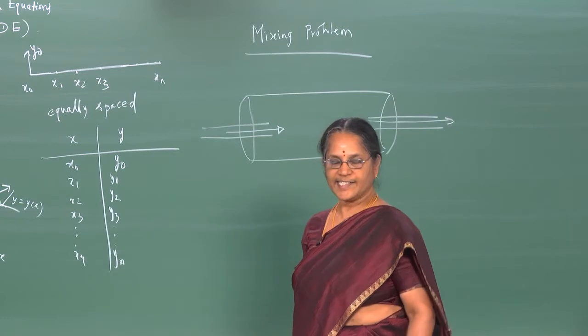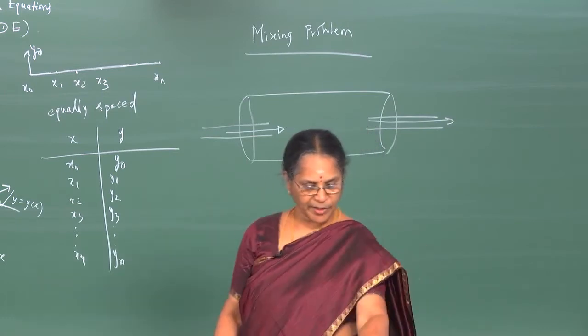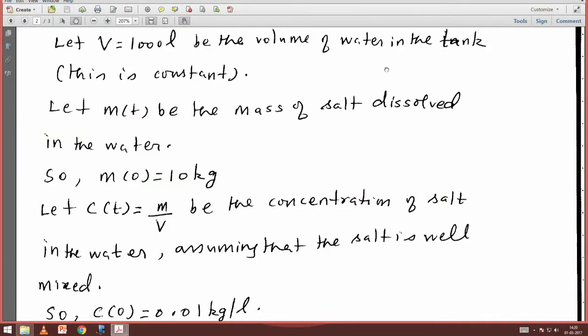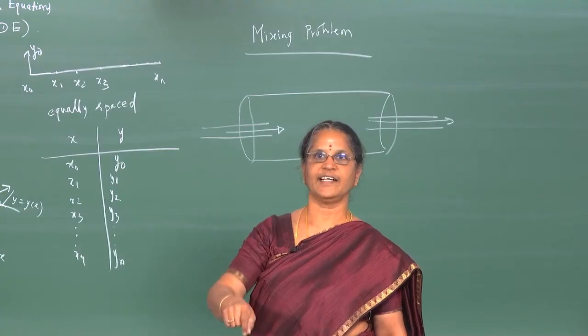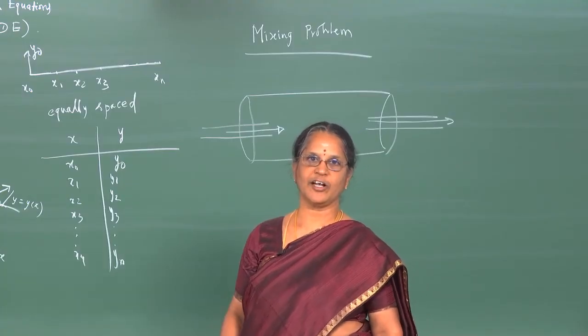So, let us take V to denote the volume of water in the tank. Since initially it contains 1000 liters, V is 1000 liters and it is constant. So, let m of t be the mass of the salt that is dissolved in water. So, initially we said that it contains 10 kilograms of salt.